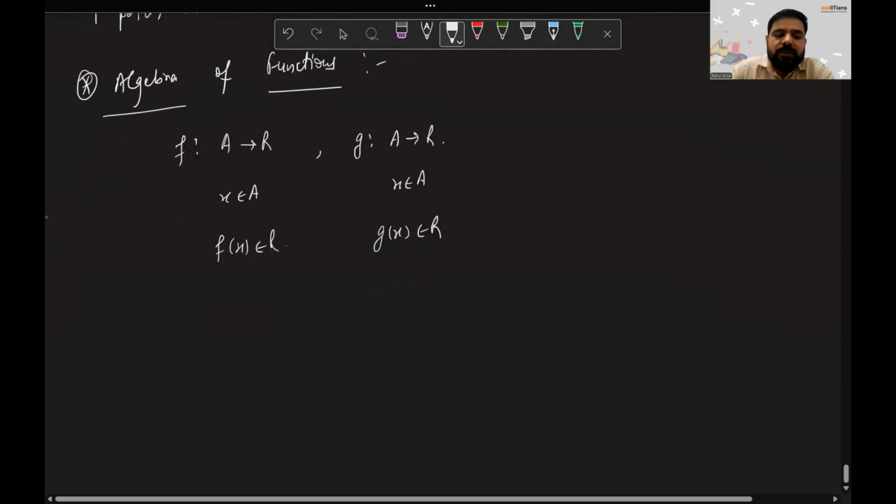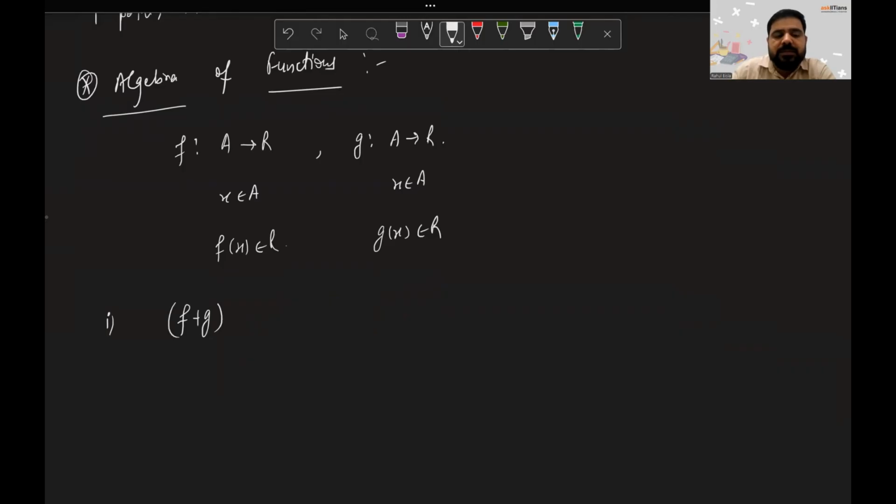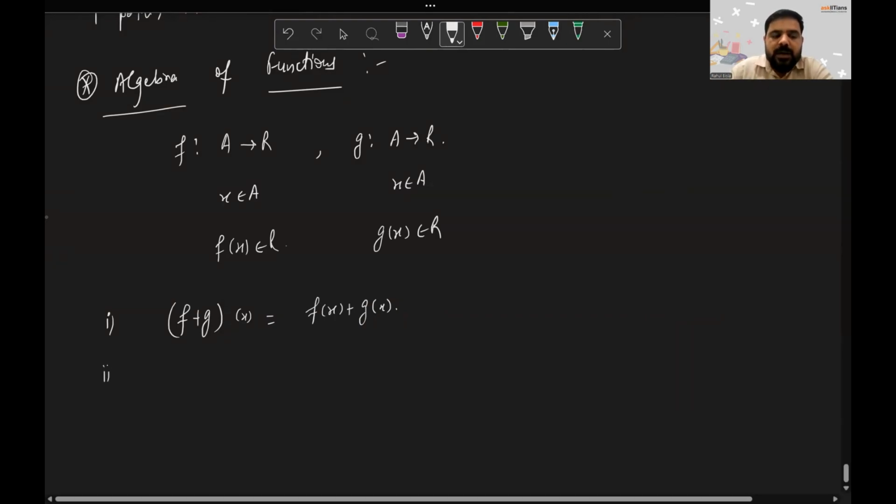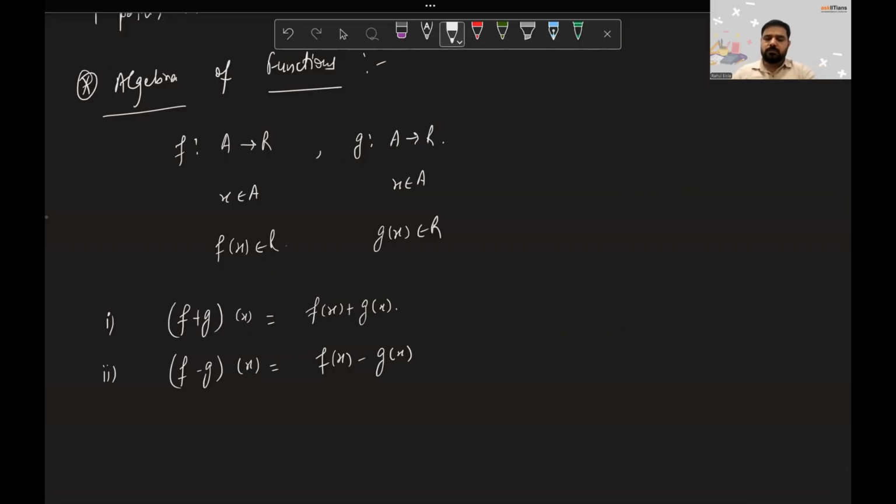So there are a few things that we need to define here. If we have to find f plus g of x, that is going to be the same as f of x plus g of x. Similarly, if we have to find f minus g of x, that is going to be f of x minus g of x.